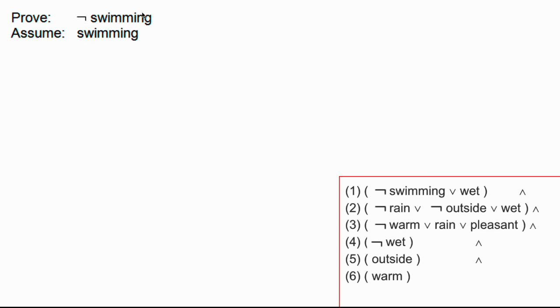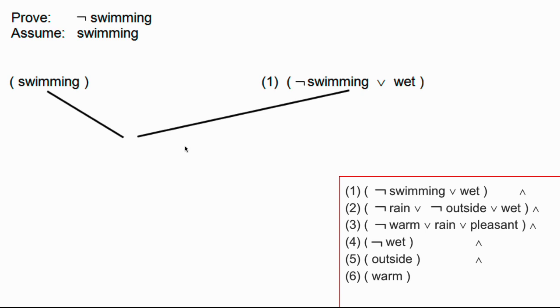In resolution and refutation, we assume the opposite to be true, and see if that leads to some kind of a contradiction. So how do we do that? We take this assumption and we take a relevant statement from the CNF format and see what do we get from there.